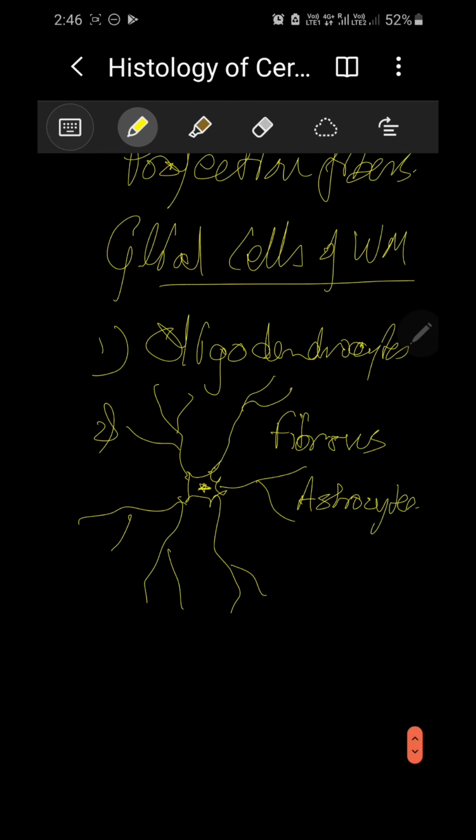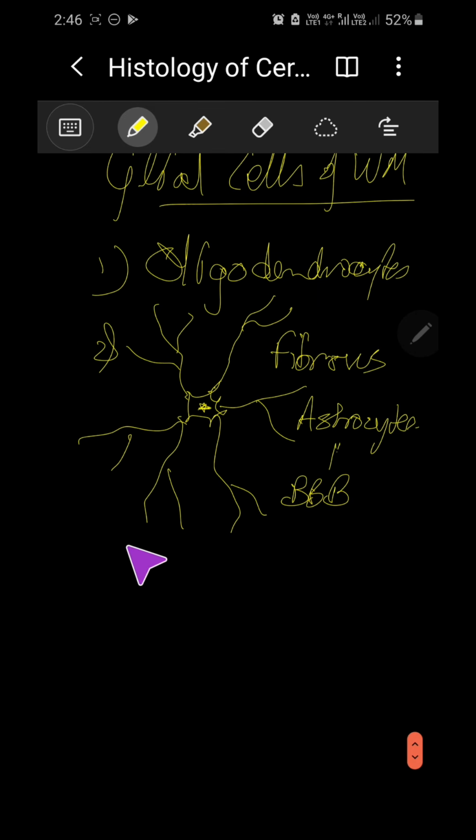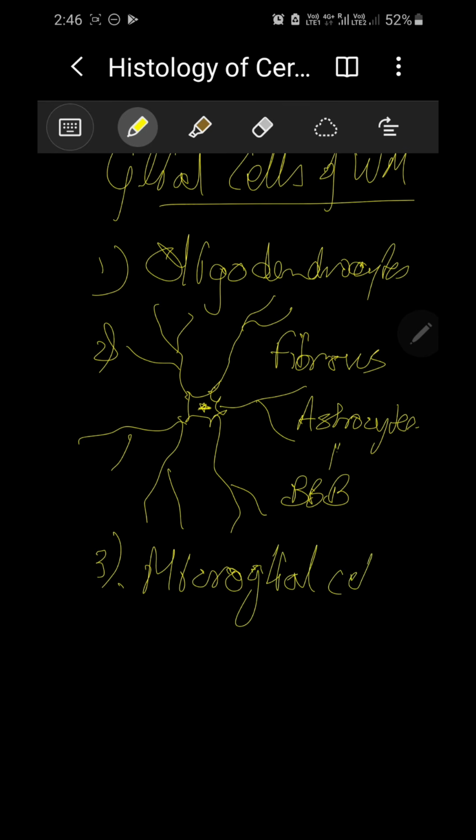The fibrous astrocytes, again, will form the blood brain barrier, but in the white matter. And the third one will be microglial cells. Microglial cells, again, are mesodermal in origin, and they are phagocytic.